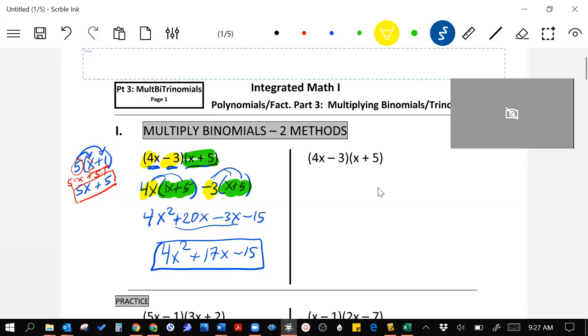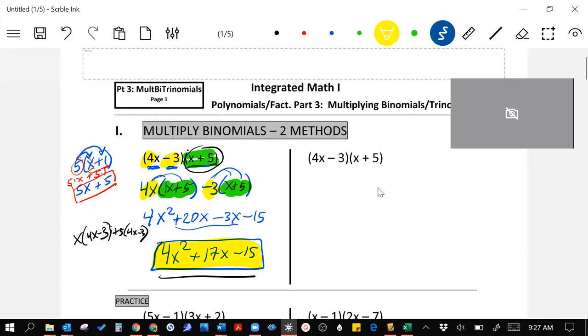I like colors. Now, to let you know, you could decide to do this one with the two parts, so it would be x times 4x minus 3 plus 5 times 4x minus 3. You could multiply that out and you would get the same exact answer. You would get this here.